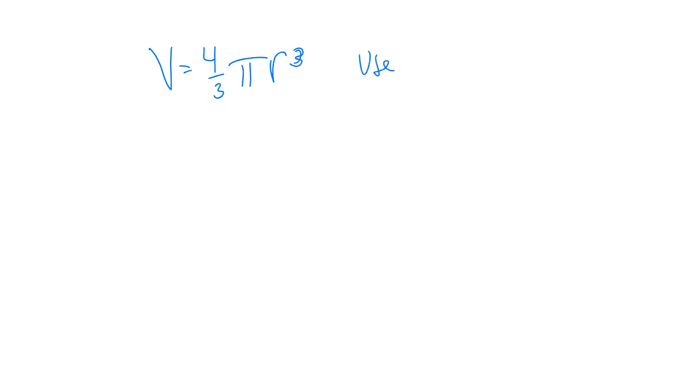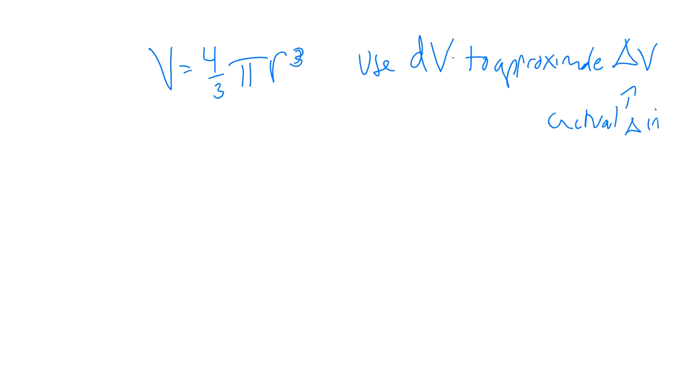What we're doing here is we're using dV to approximate delta V, which is the actual change in volume, and this would be as it inflates. Okay? And first we find the derivative.